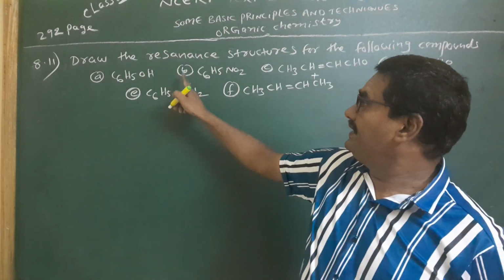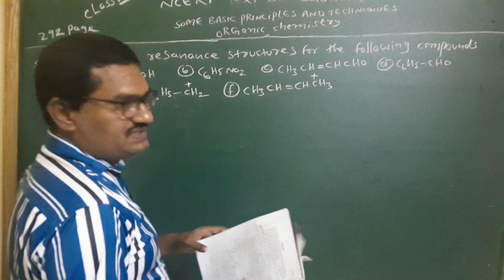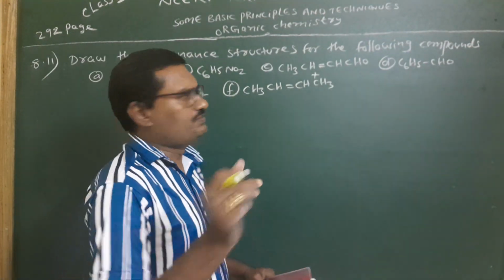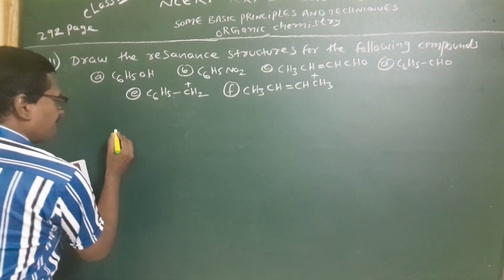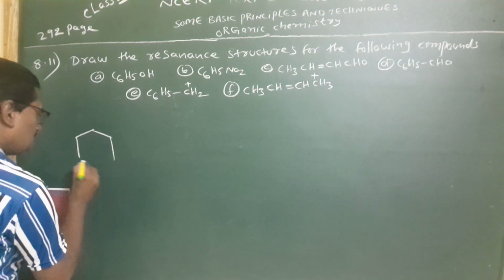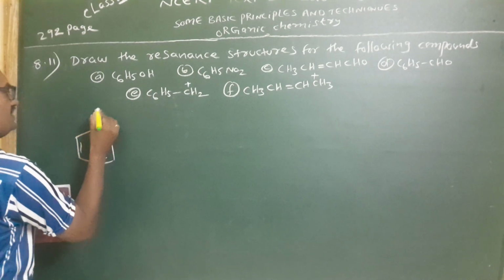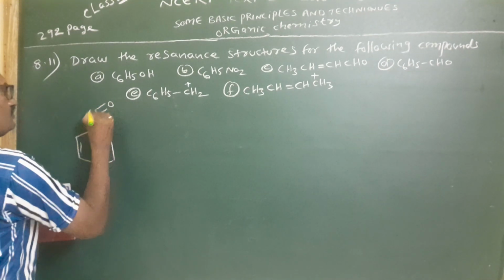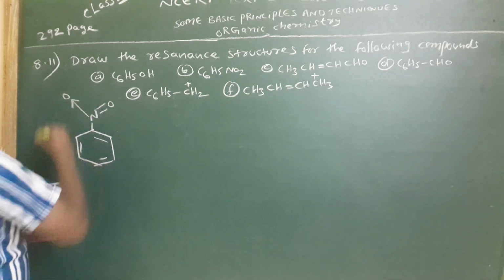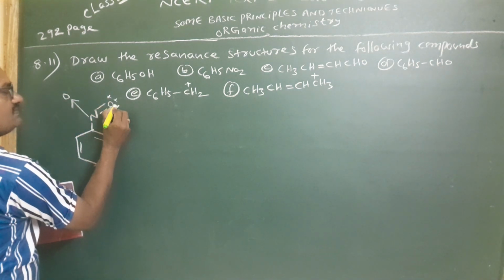Next, B, nitrobenzene. Nitrobenzene is the electron withdrawing compound. So for example, the nitrobenzene structure is: N double bond O, one is dative bond. Here it contains 4 electrons.